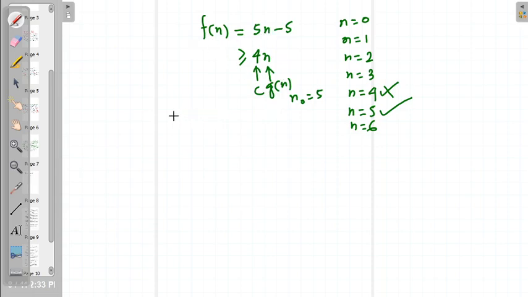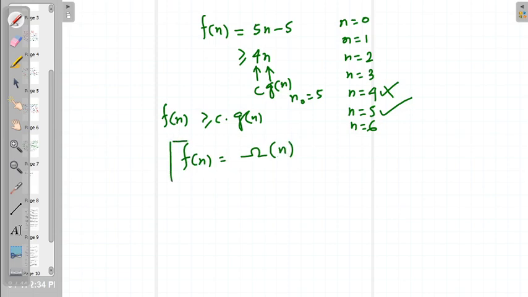So now we can say that f(n) is greater or equal to some C g(n), and we can say that f(n) equals omega of g(n). g(n) is n here, so omega n. So this is how we develop this omega n notation.